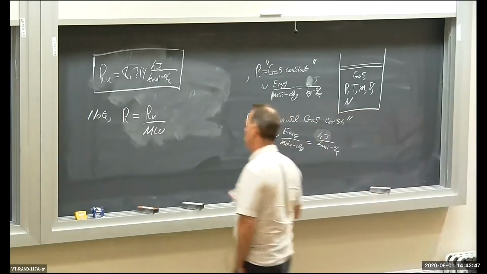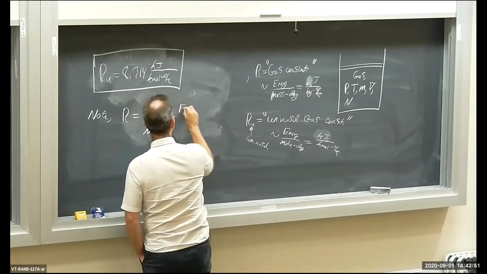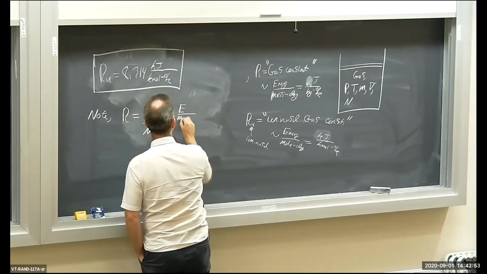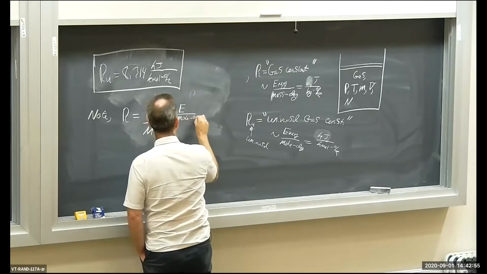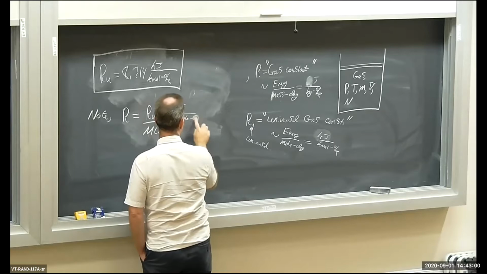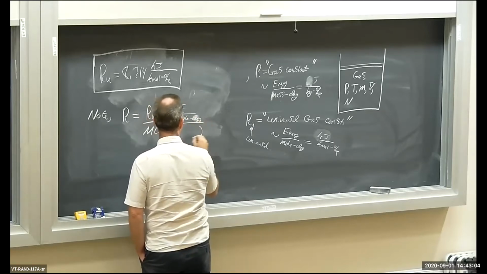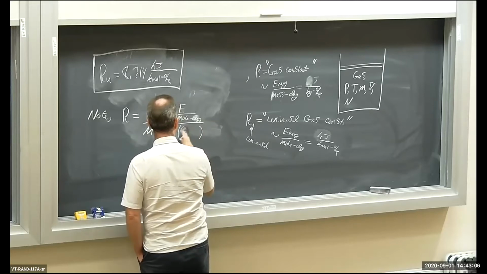Let's make sure this works here. Let's look at the units here. I have energy per mole per degree in Kelvin, and then in the denominator, I have mass per mole.